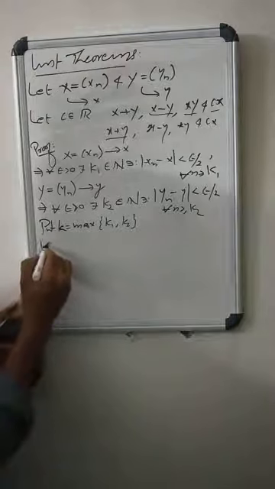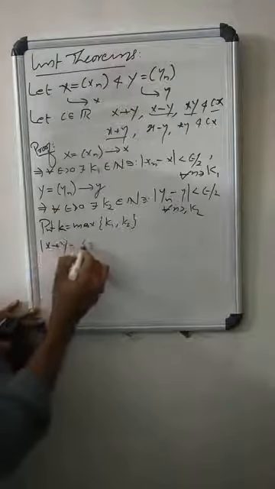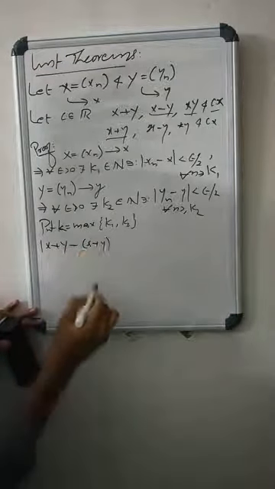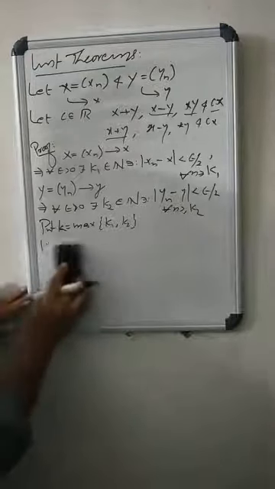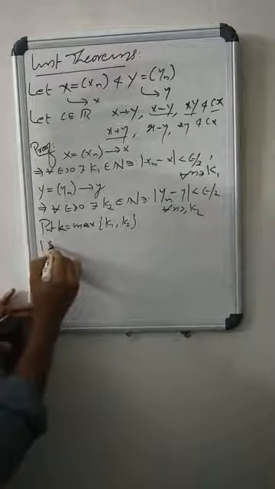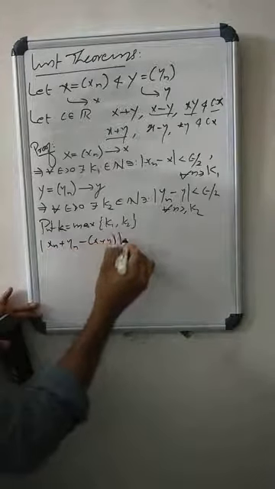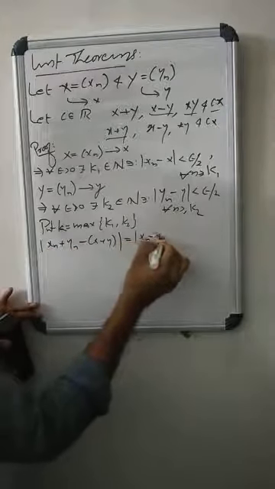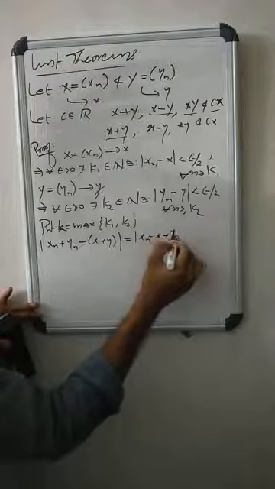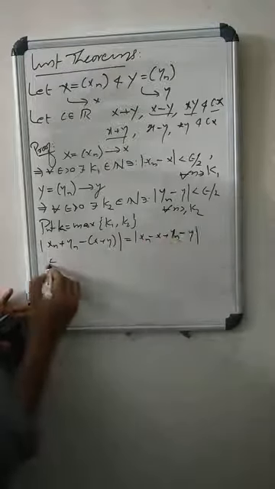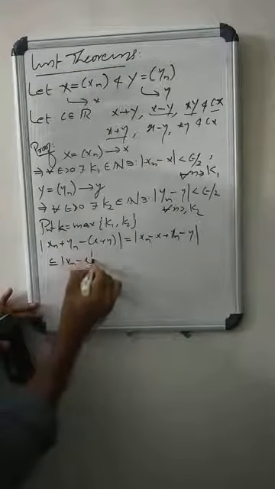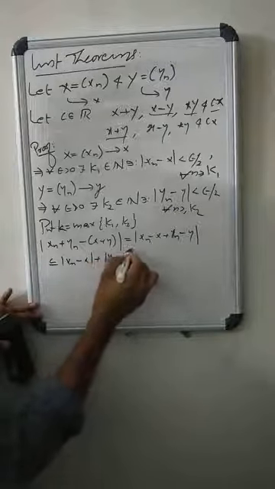Now consider the modulus of xn plus yn minus of x plus y. It equals modulus of xn minus x plus yn minus y. By the triangle inequality, it is at most modulus of xn minus x plus modulus of yn minus y.